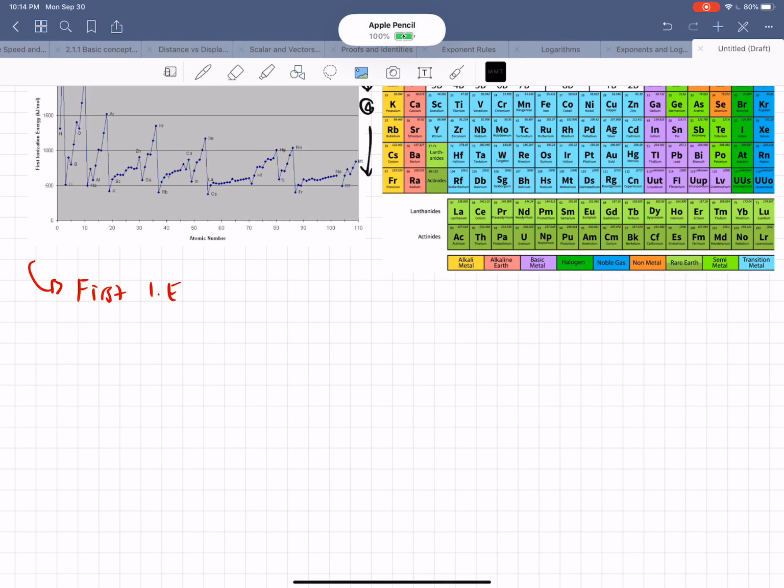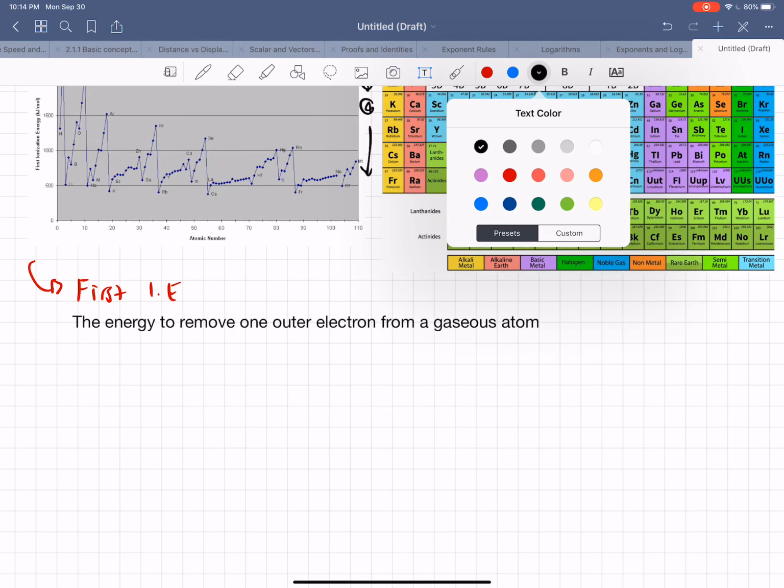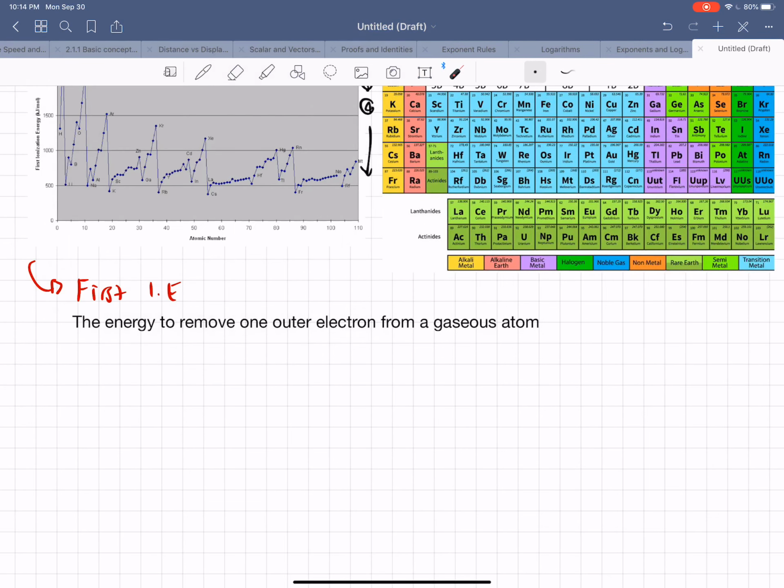Pretty much, a first ionization energy is the energy to remove one outer electron from a gaseous atom. The IB typically likes to denote this as this.